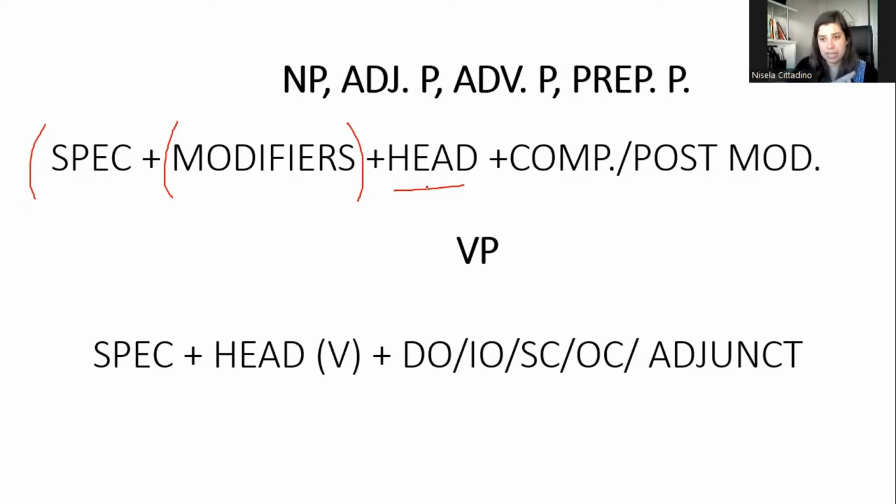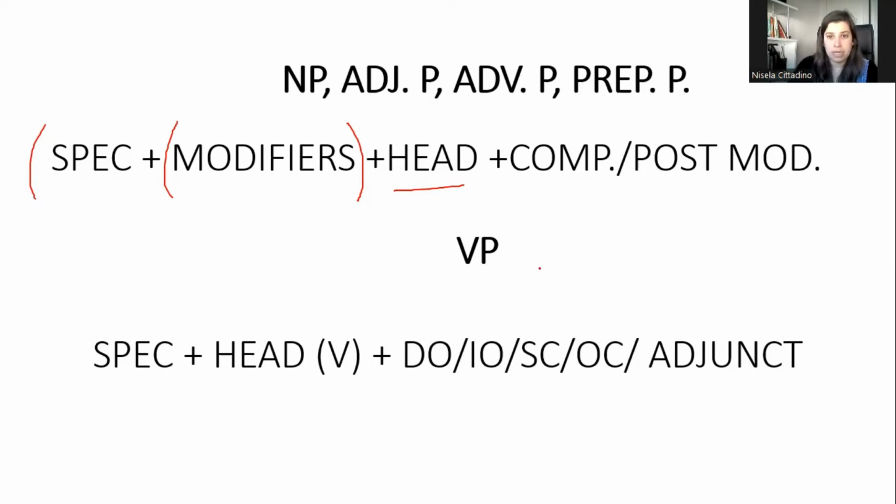For example, if I say she's very old, that would be the adjectival phrase. I can say she is old, because old is the head of the adjectival phrase. Very is a modifier, so it is optional. I can say she's old, or I can say she's very old. What I cannot say is she's very what? Something else.